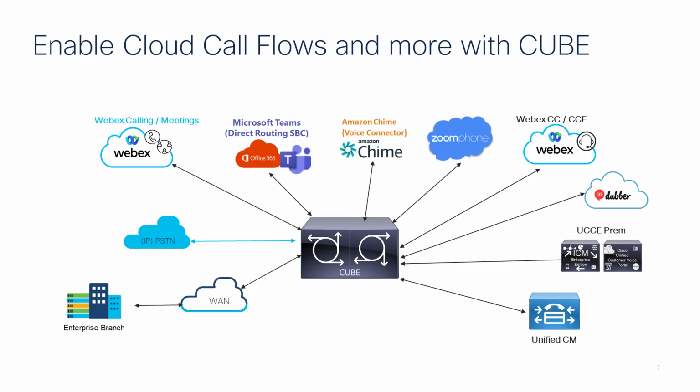Cube, as a session border controller, enables collaboration to multiple cloud call flows and also to internal network destinations. Having Cube and ThousandEyes collocated provides monitoring that no other vendor can match.